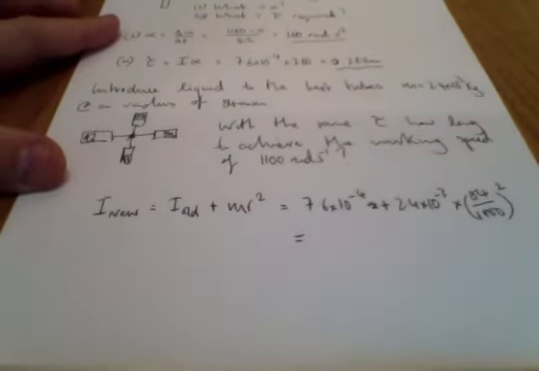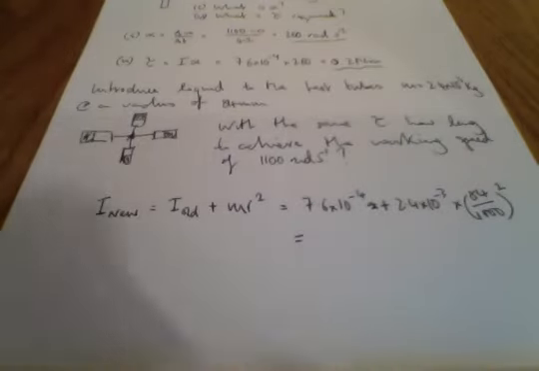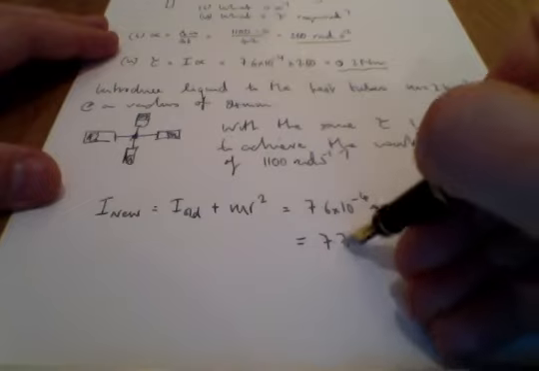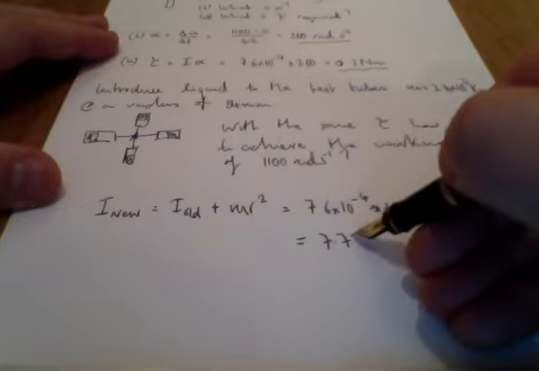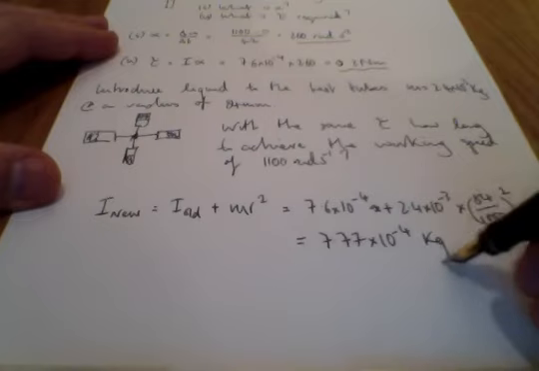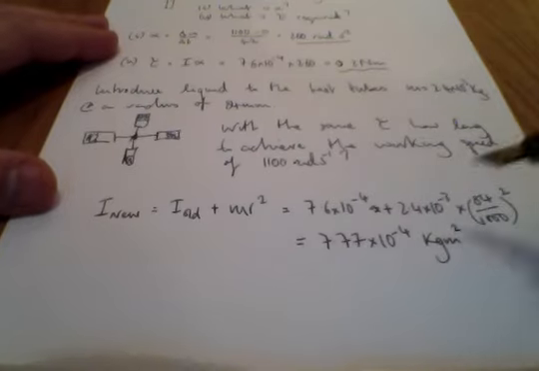And that gives us a value of, just type this into the calculator, 7.76 times 10 to the minus 4 kilogram meters squared. Very little change, but nonetheless a change has happened.